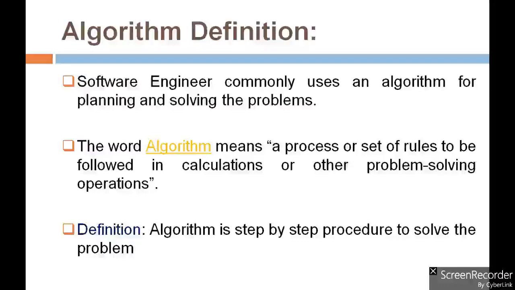So we can say the definition of algorithm is like, algorithm is a step-by-step procedure to solve the problem. That means in short we should write some steps in such a way that by following those steps we can solve a particular problem. So that is about algorithms.